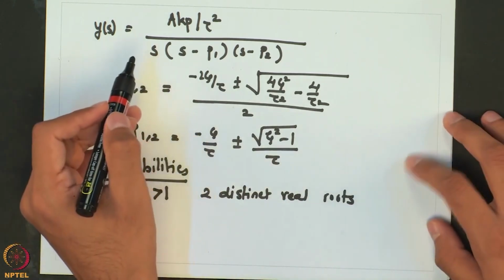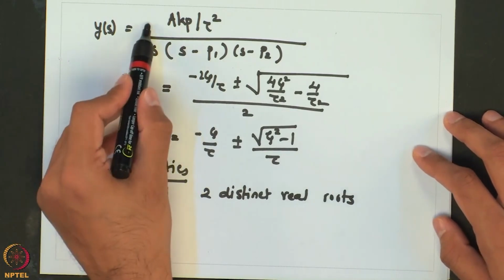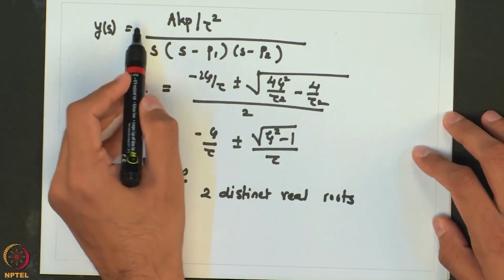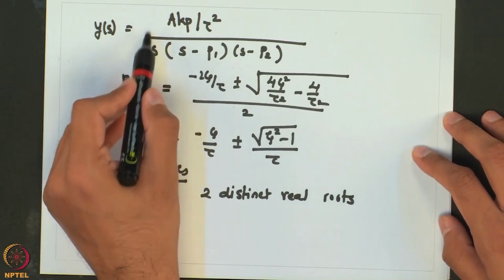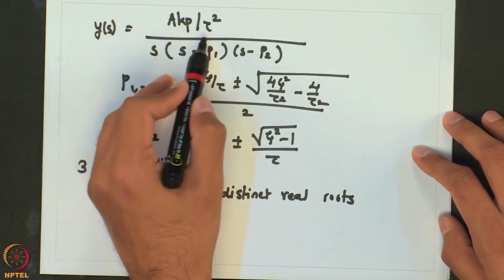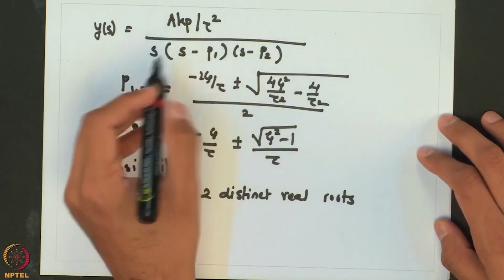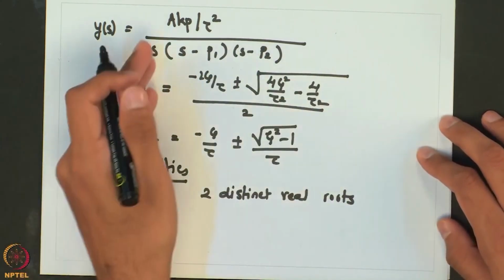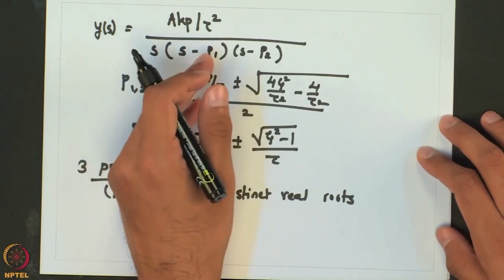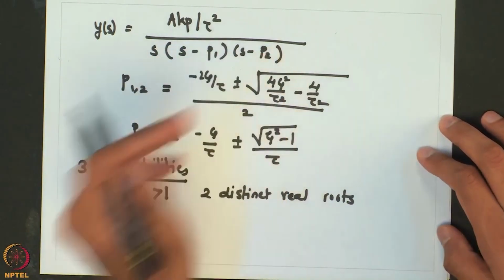So the partial fraction would be A over s plus B over s minus p1 plus C over s minus p2. So there will be three different terms: one constant term, one e raised to p1 t, and another e raised to p2 t term.